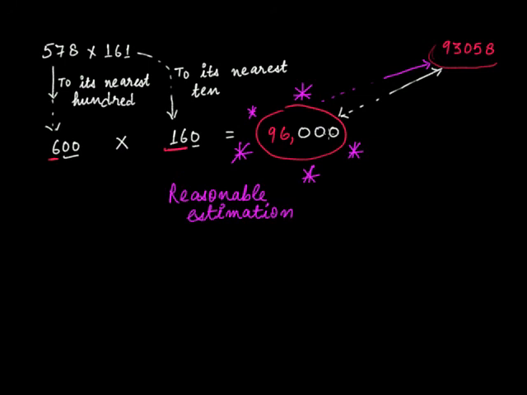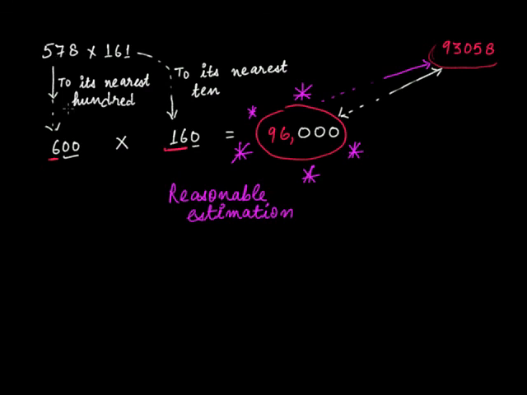Now I would say, hey, when I don't know the original calculation, how would I know that my estimated value is the best one? So if you compare, here it was 578, and this was 161.